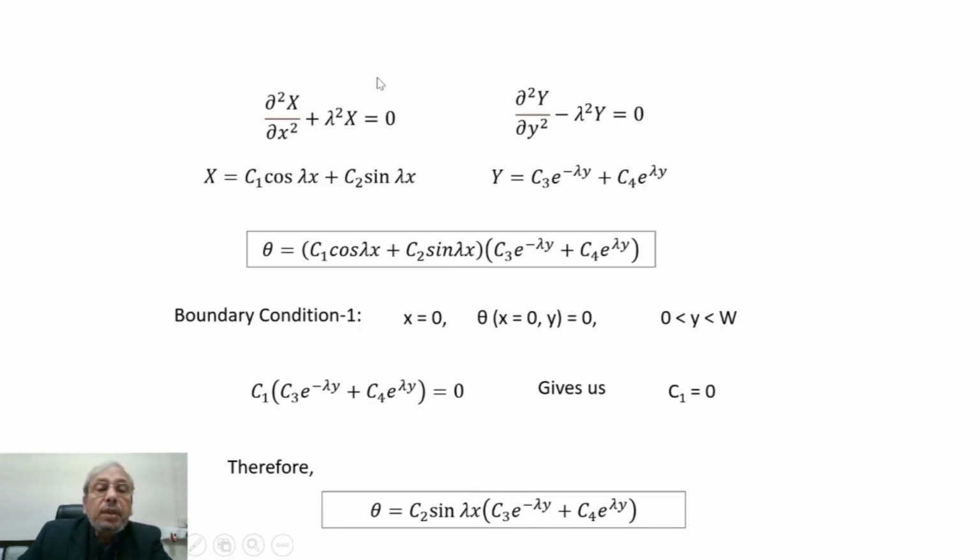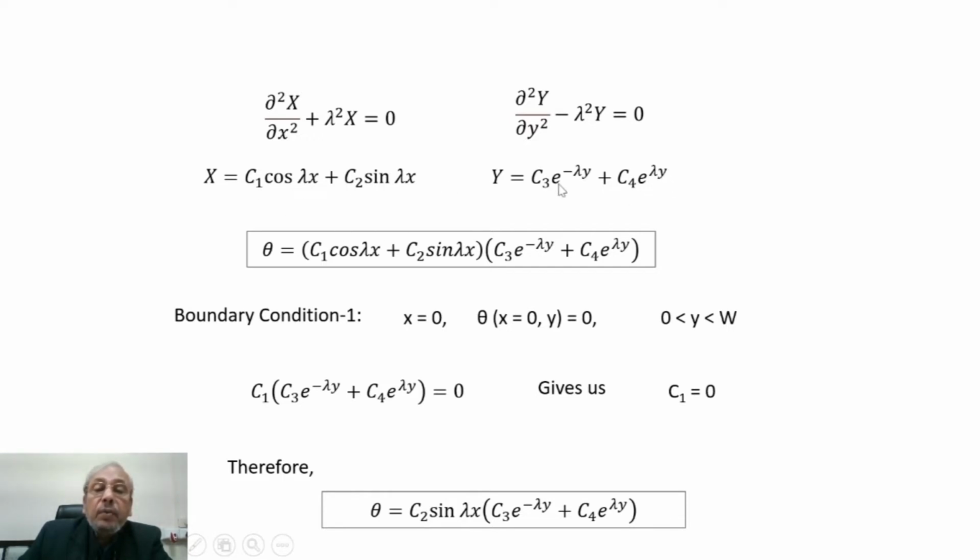Now the solution of this part is given by X equal to c1 cos lambda x plus c2 sin lambda x, and the solution of this part is given by Y equal to c3 e to the power minus lambda y plus c4 e to the power plus lambda y.